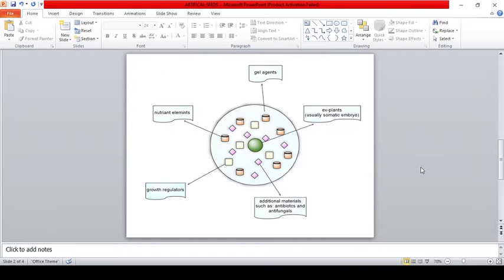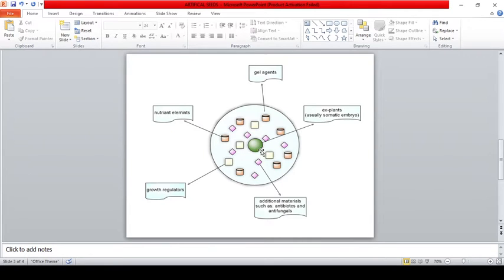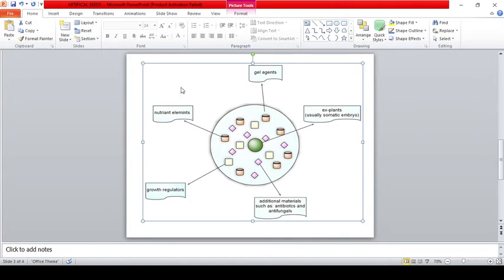So artificial seeds are nothing but seeds where you keep an explant surrounded by a gel-like reagent. It will be just like balls. Okay, wait, I'll show you.